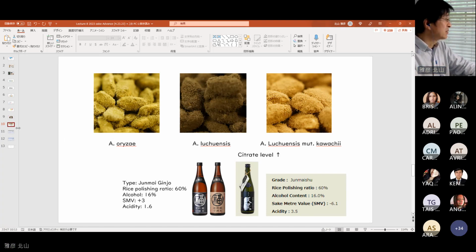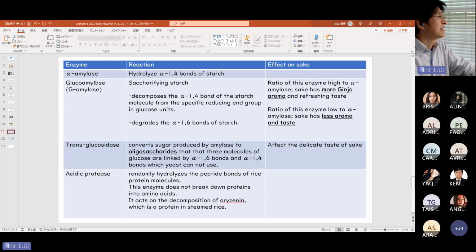And this fungi is a provider. These provide the enzyme activity, not only for saccharification, like alpha amylase or G amylase that we discussed last week.